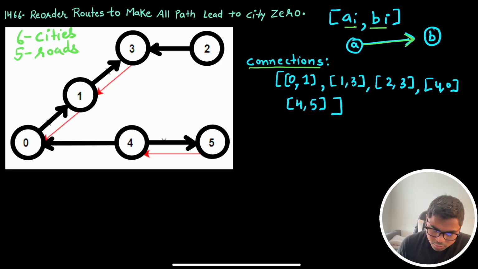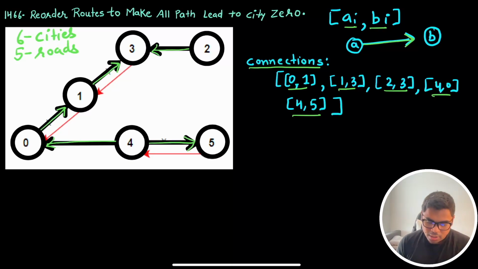If we go over these connections, the first value, 0 to 1, means there is a road from 0 to 1. There is a road from 1 to 3, 2 to 3, 4 to 0, and 4 to 5.